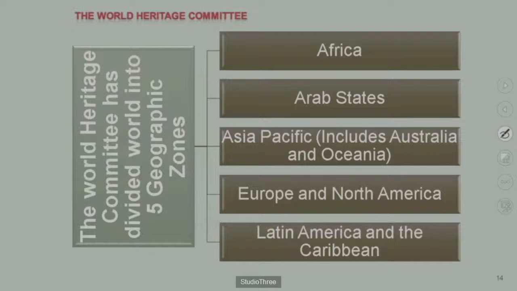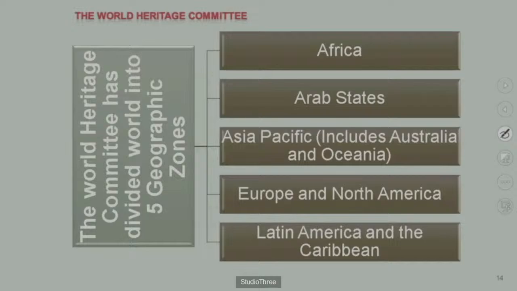Friends, can you tell me which geographic zone India belongs to? Yes, India belongs to the third geographic zone of the World Heritage Committee, that is Asia Pacific. Is it right? So friends, there are 21 parties.